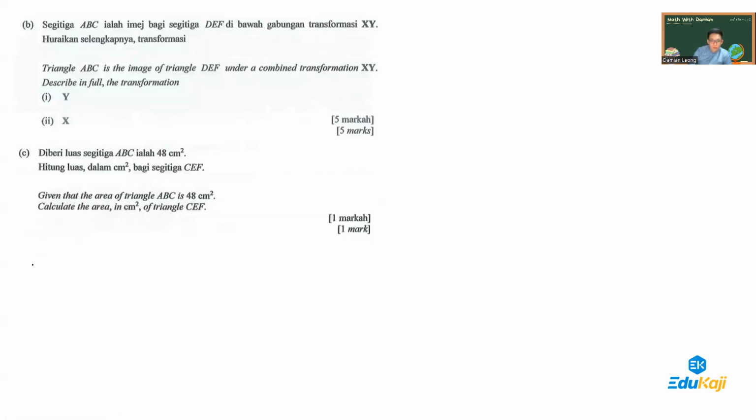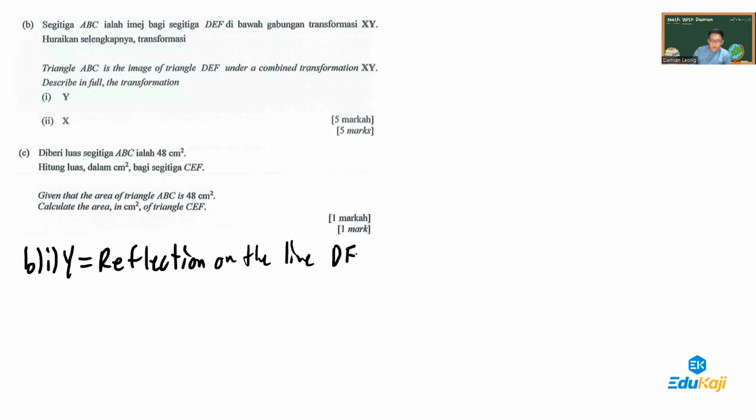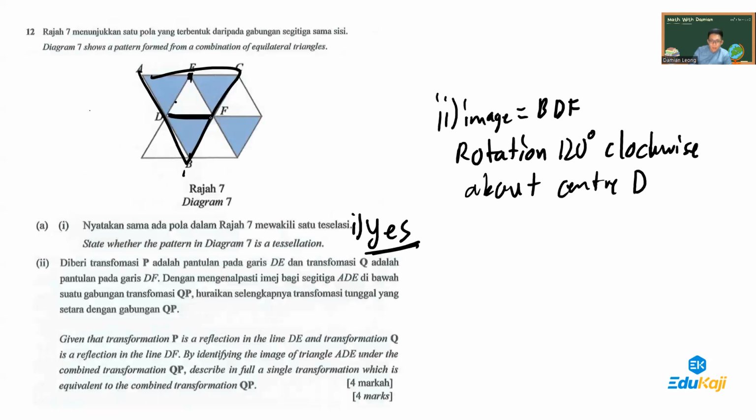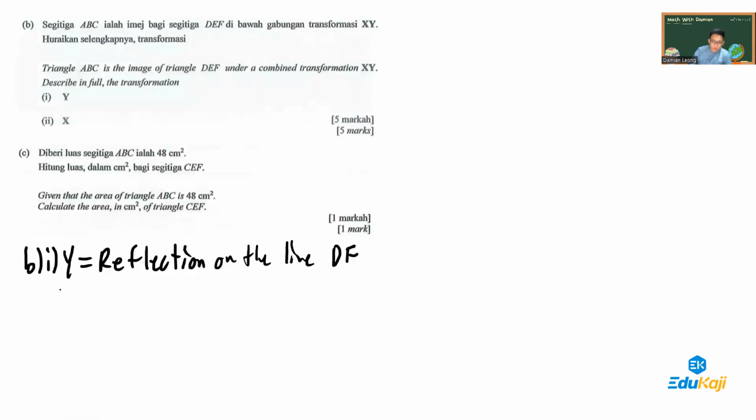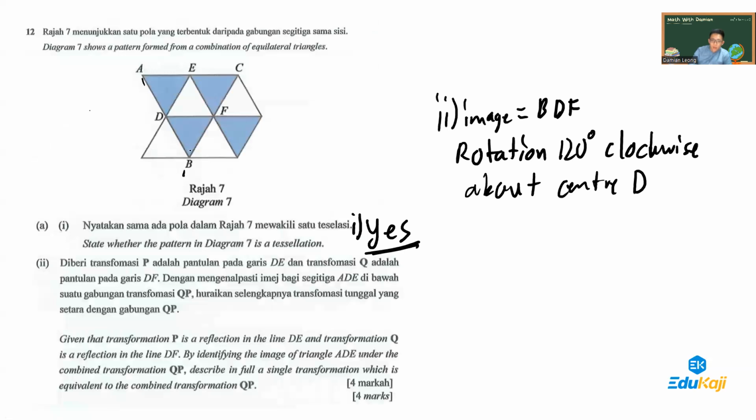So first one, B1. Y is reflection on the line DF. On this line, flip it over, then it becomes this BDF. Then you see the size is different. I have to enlarge. Definitely a change in size is enlargement. So X is enlargement. The size will just be double.